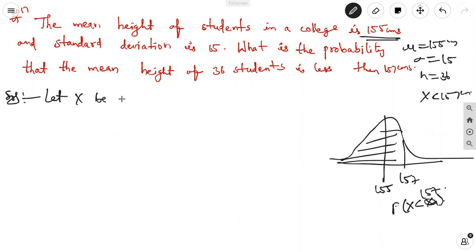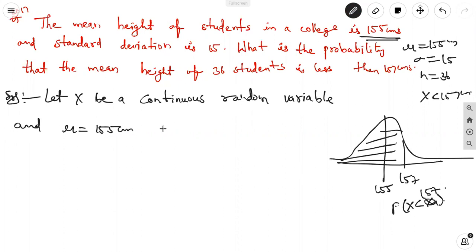Let capital X be a continuous random variable and mu is equal to 155 centimeters is the mean. Mu is the mean and sigma is standard deviation.